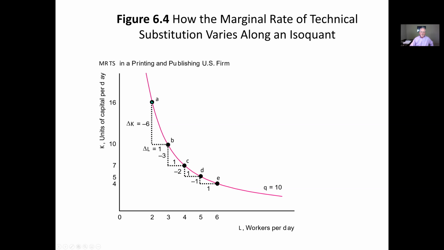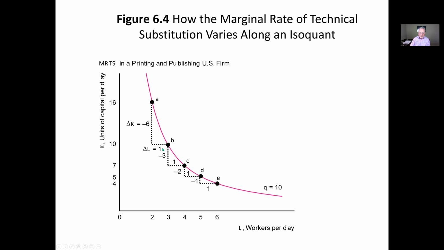So here, marginal product of labor is high, not a lot of labor on all that capital, and the marginal product of capital is low. So we can really trade at a favorable rate. For 1 unit of labor, we can give up 6 units of capital just because the marginal product of capital is low, marginal product of labor is high. So it takes 6 capitals to replace a unit of labor.